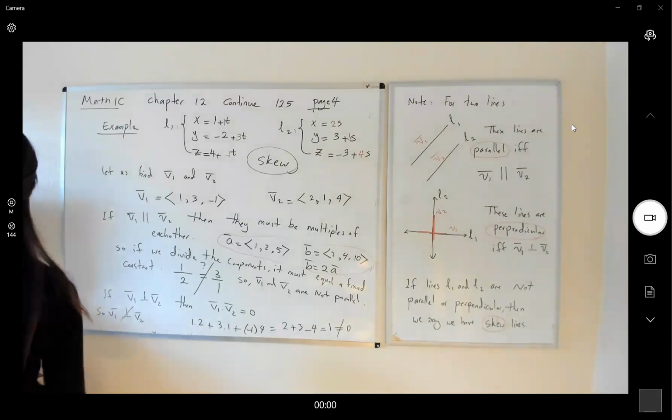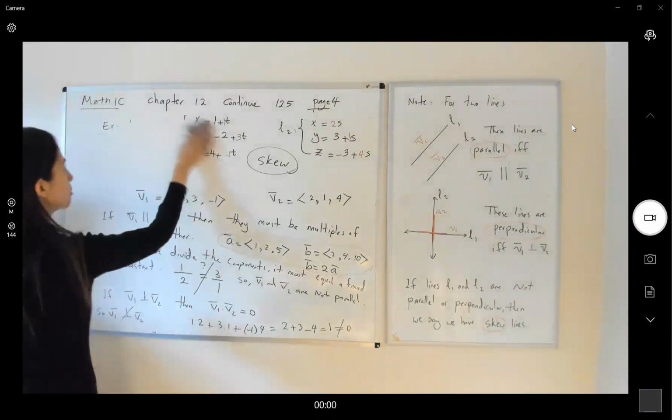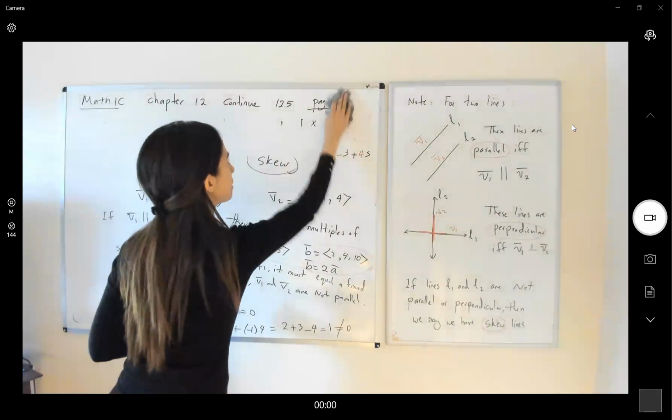Okay, perfect. Let's write the equation of a plane, then go over some examples.